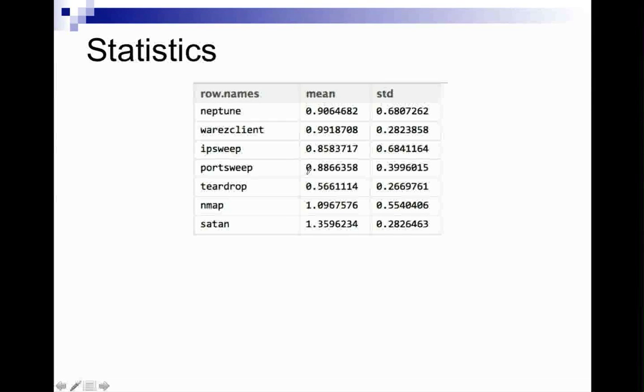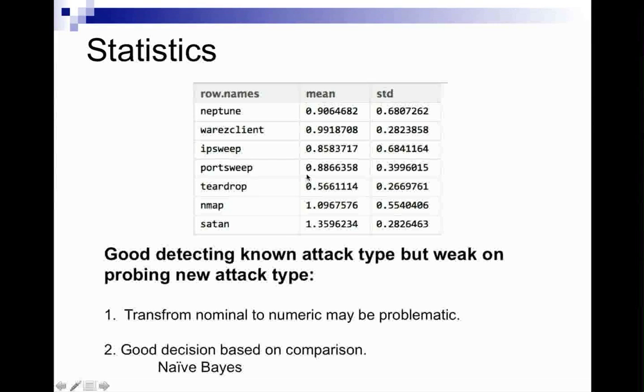Here are some thoughts. This KNN-like method is really good at detecting known attack types, but is somewhat weak on probing new attack types. Why? As we know, a transformation from nominal values to numeric values may be problematic.